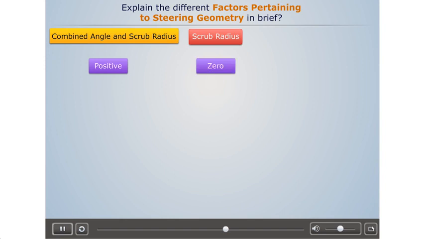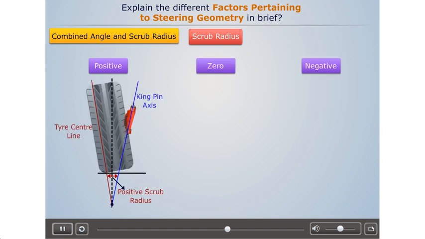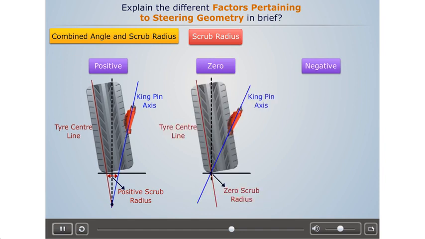According to the kingpin inclination, scrub radius may be positive, 0, or negative. The scrub radius is positive when the kingpin axis meets the tire center line below the ground. In this case, the wheels tend to toe out. The scrub radius is 0 when the kingpin axis meets the tire center line on the ground. In this case, the wheels keep straight position without any tendency to toe in or toe out.